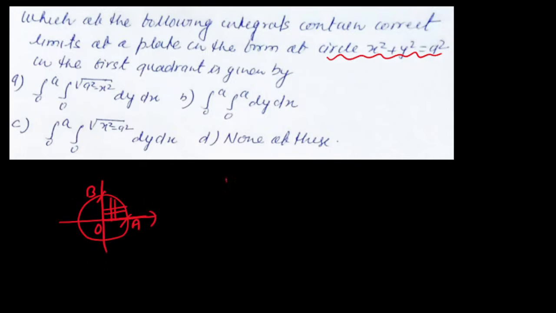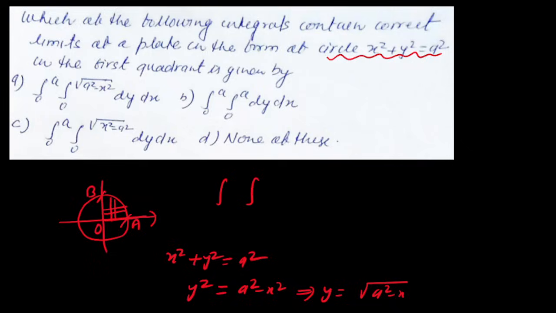So if I take the limit of y, the vertical strip gives you the limit of y, and here we have x square plus y square is equal to a square. So y square is equal to a square minus x square. This implies that y is equal to under root a square minus x square.